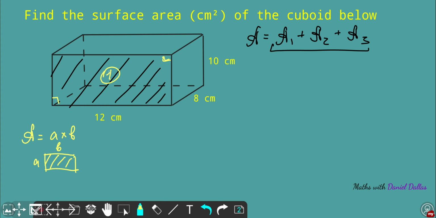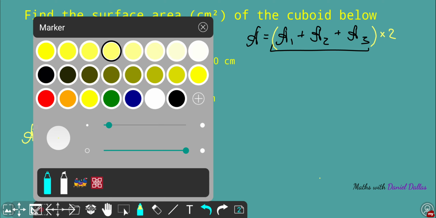For each face there will be a pair with an identical area. We can add the areas of all three unique faces, 1, 2, and the top one, face number 3, and multiply by 2 because we need to double the area.